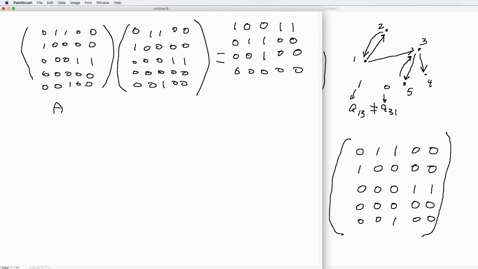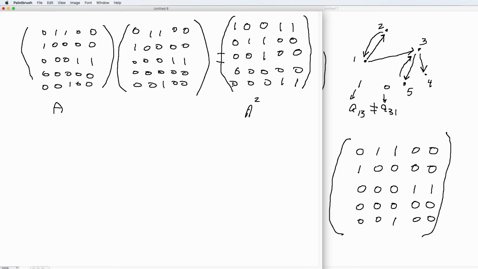And over here, there's only a 1 in the middle element here. So it's only going to match columns where there's a 1 in the middle element. That's going to be right over here. So when I go this times this, I get 0, 0, 0. When I come over here and go this times that, I get a 1. And I come over there and I go this times that, and I get a 1. So this thing over here, this is A squared.